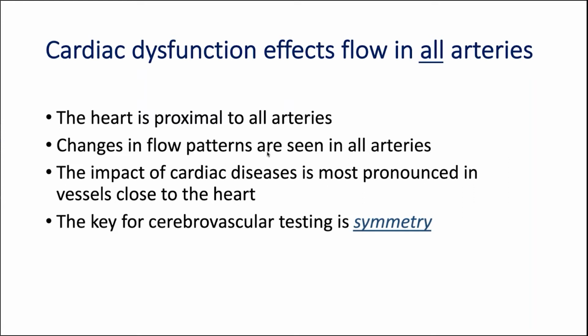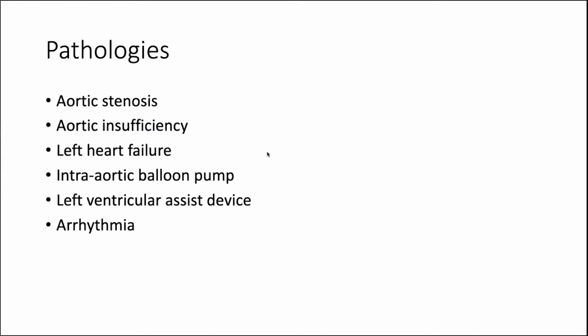And that keeps in mind the idea that changes in the heart will affect flow in all of the arteries. We'll be hitting this symmetry point over and over again as I show you some examples. So these are some of the pathologies that I would like to go through with you today. And again, I'm going to show you some examples and give you some pointers on how to identify and consider some of these pathologies that you may encounter.